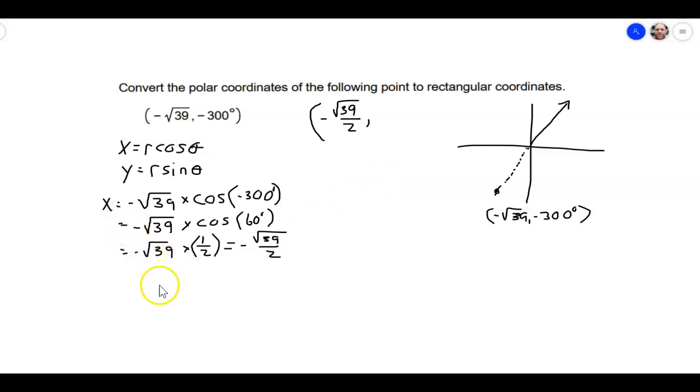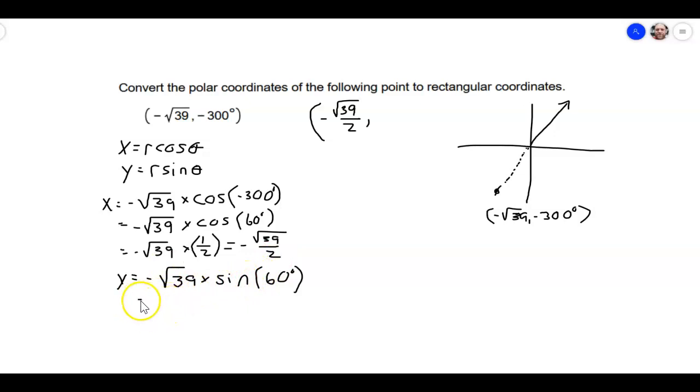All right, so my y is going to equal negative root 39 using this formula here. Negative root 39 times the sine. I already know that using coterminal angles, that's the sine of 60 degrees, right? Just add 360 to negative 300.